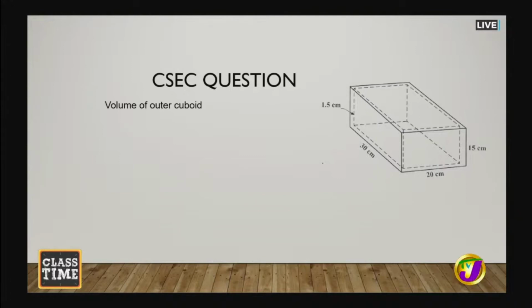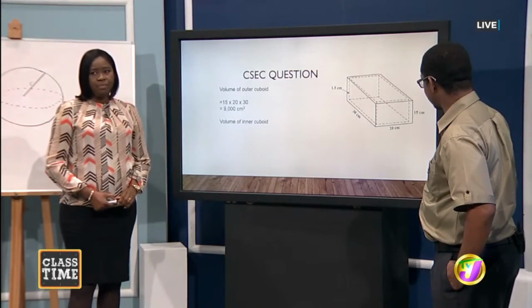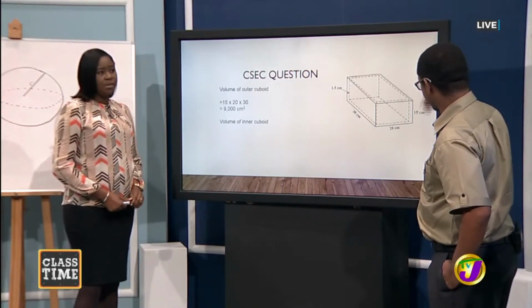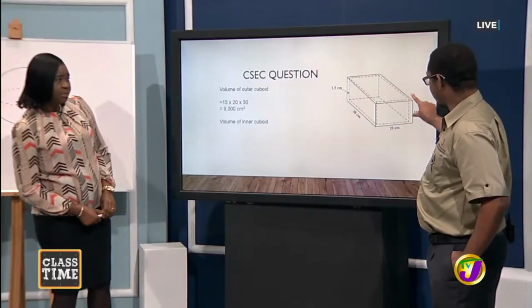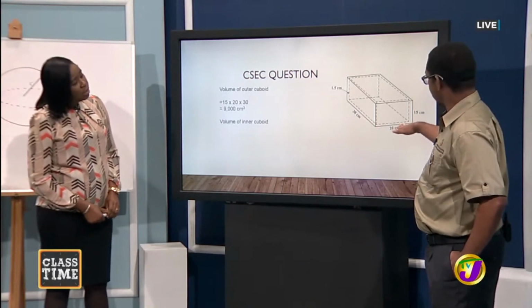Right, so they had already told us that the box had a thickness, right? There was no lid, firstly. So we know that this region that is 15, we would take 1.5 from it on the base.